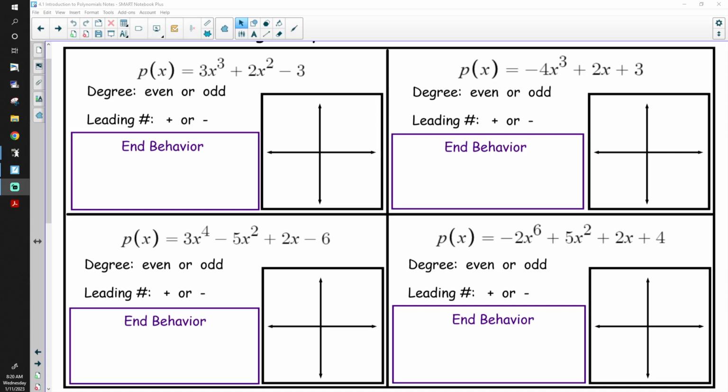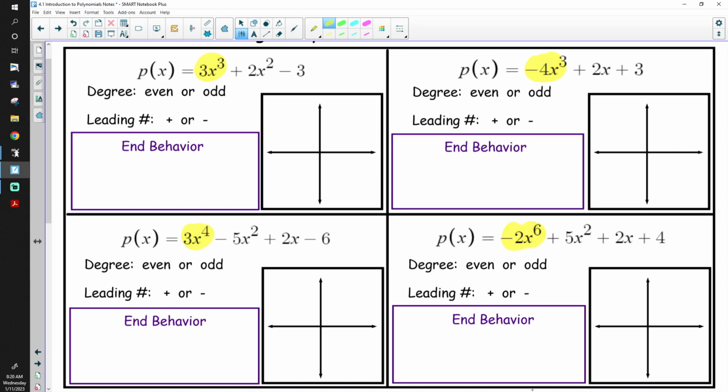Okay, so in order to do this, there's only a couple things that matter, and there are only 4 possibilities. All of these possibilities depend on 2 things. We're always going to be looking at the first term of each polynomial.